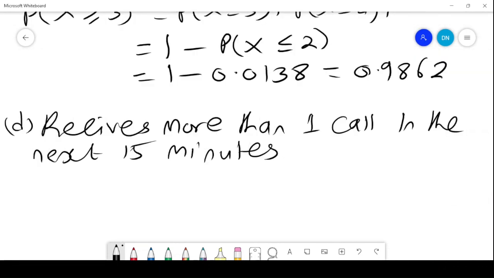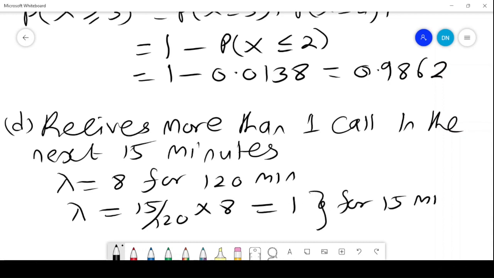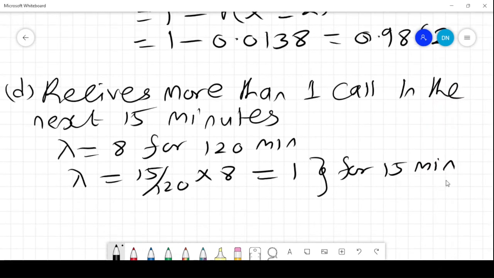The fourth one is that the answering machine receives more than 1 call in the next 15 minutes. We say that lambda is equal to 8 for 120 minutes, so now we have to get a new lambda, which is 15 over 120 times 8, equal to 1. This is for 15 minutes. Our lambda value changes because we have changed the time interval.